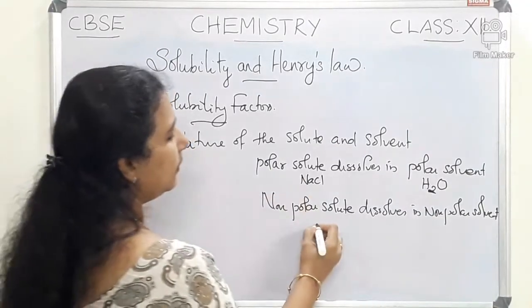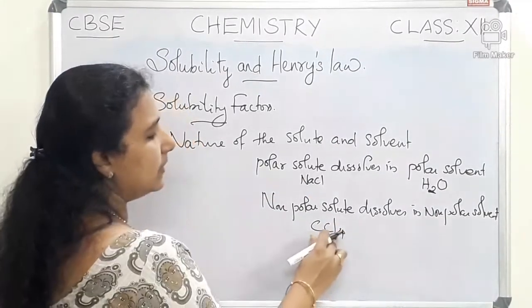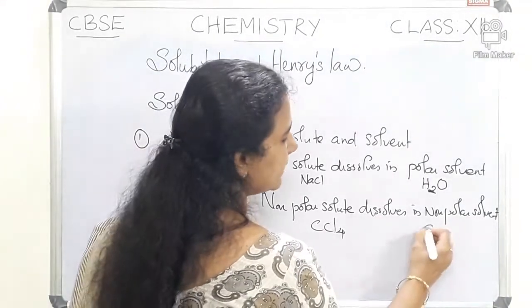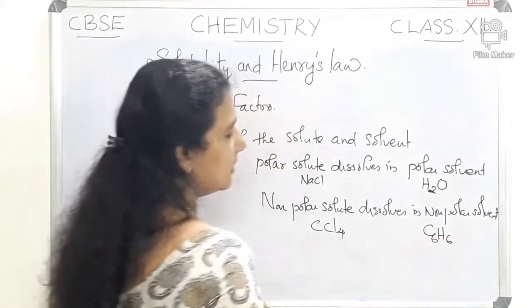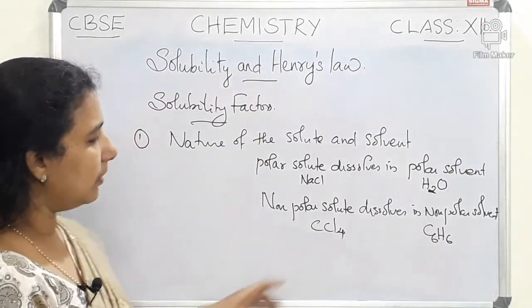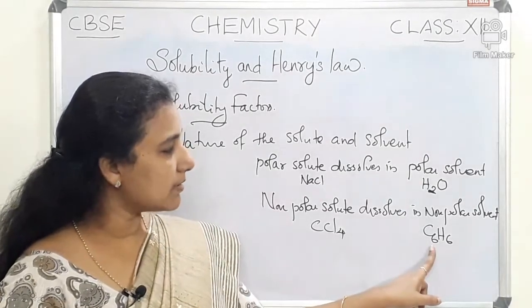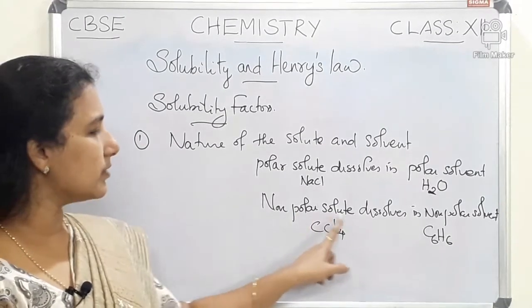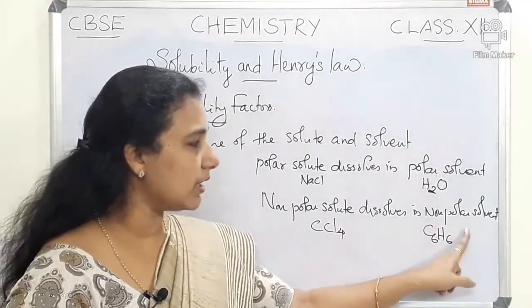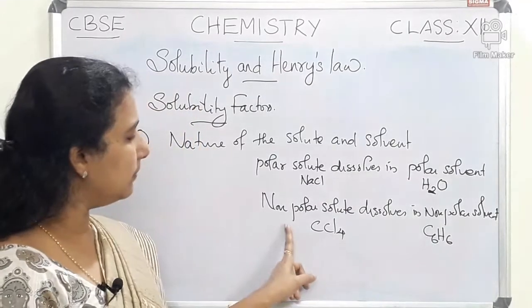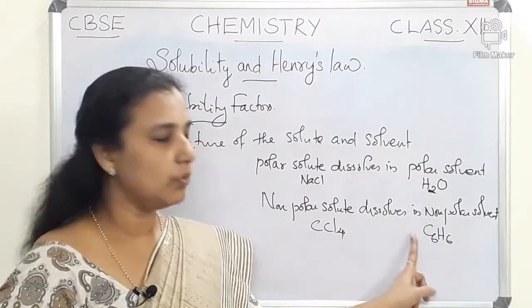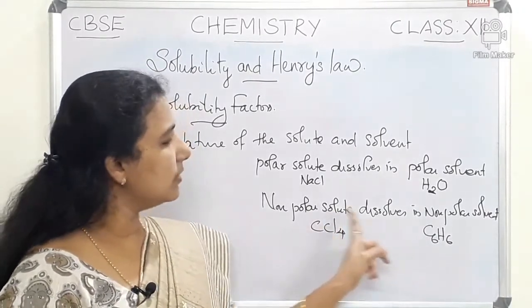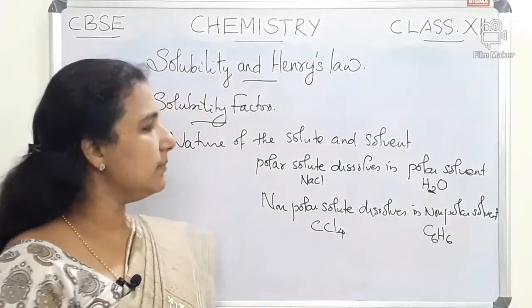For example, CCl4, carbon tetrachloride, is an organic compound which dissolves in the non-polar solvent benzene, C6H6, also an organic compound. So non-polar solute CCl4 dissolves in non-polar solvent benzene because of the similarity in their intermolecular attraction.